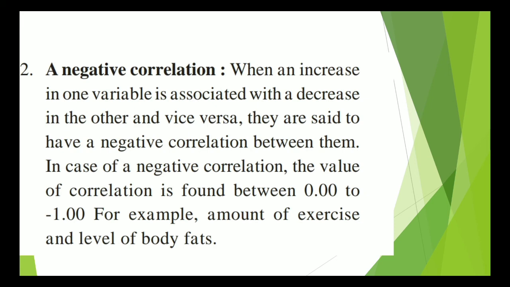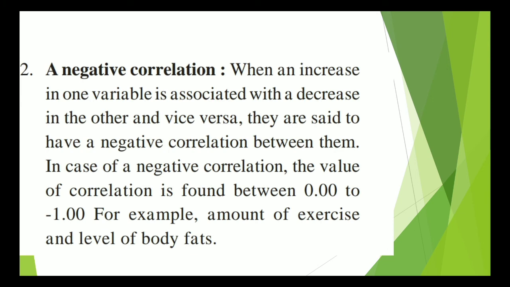The correlation coefficient over here lies between 0 to minus 1. So over here they have given the example, the amount of exercise and the level of body fats. So the more you do the exercise, that is an increase, the lower the level of the body fat, that is a decrease.